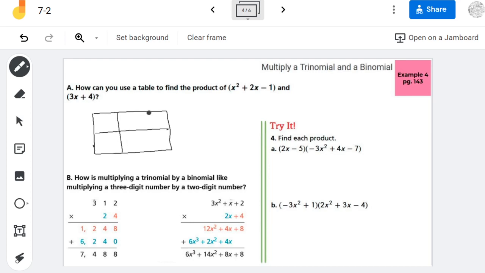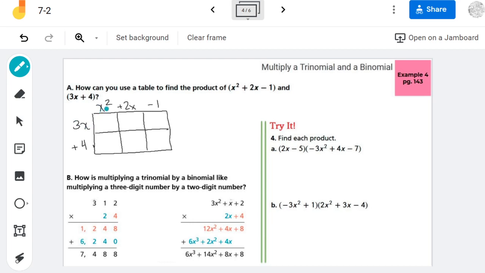Here's my little table I'm setting up. My trinomial, I'm writing across the top, and my binomial, I'm writing down the side. Then I'm just going to multiply, finding the area of each of these squares.